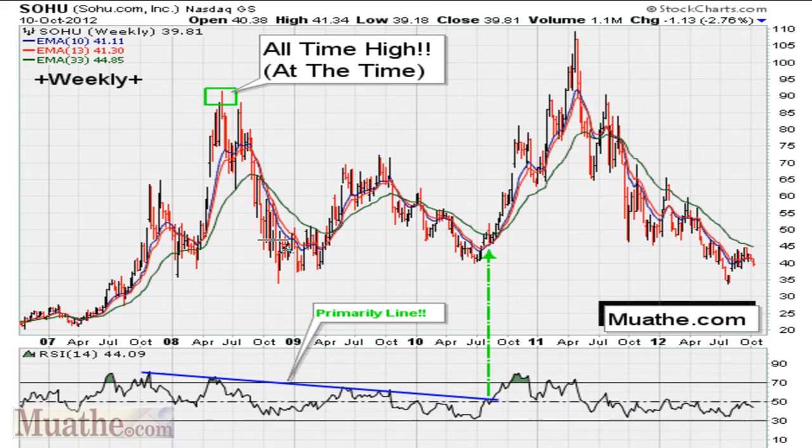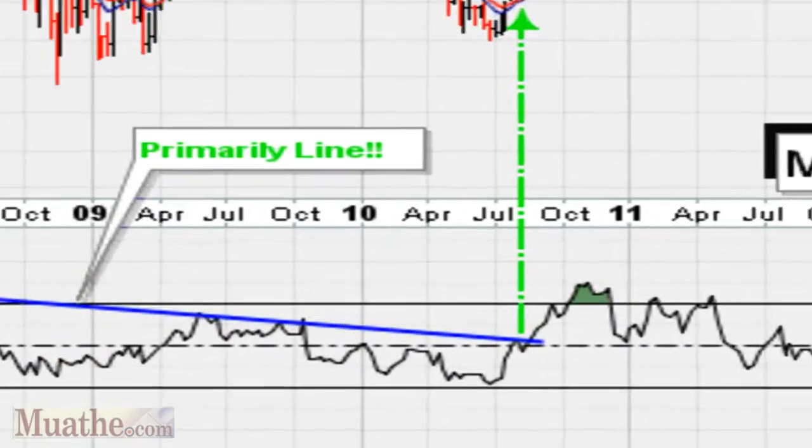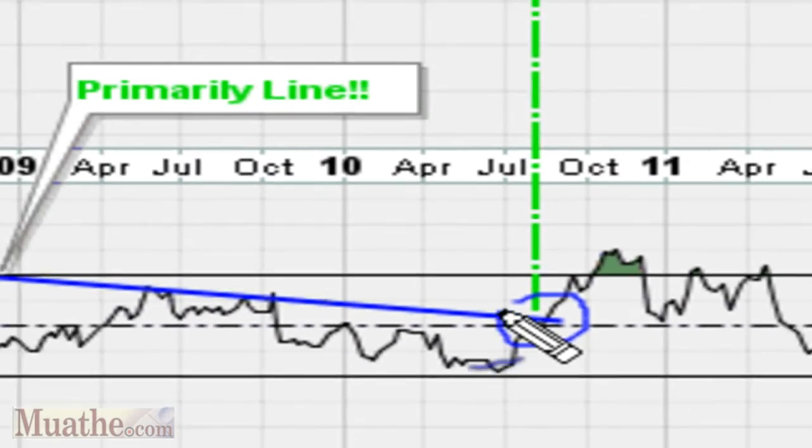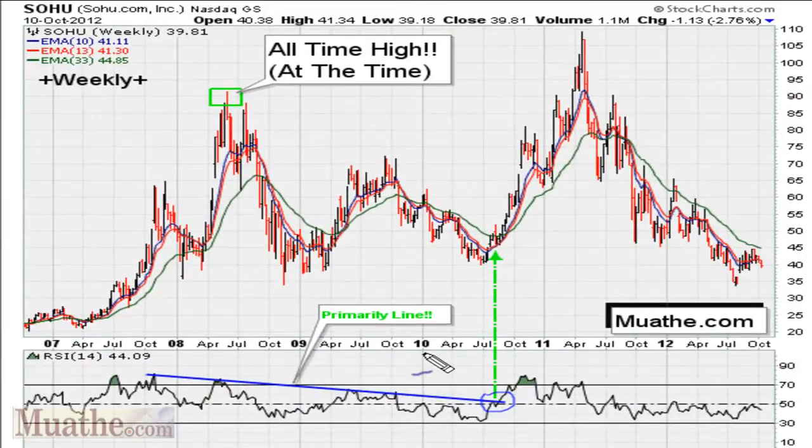So once this line was breached to the upside right there, sometime in the middle of 2010, the stock became a buy right there at about the higher 40s, and we saw the stock move blasting out of that primary line breakout formation on the RSI right there, pushing the price from about higher 40s all the way to about 110. So you doubled your money in less than 1 year, or about 1 year's time. That was a massive move.